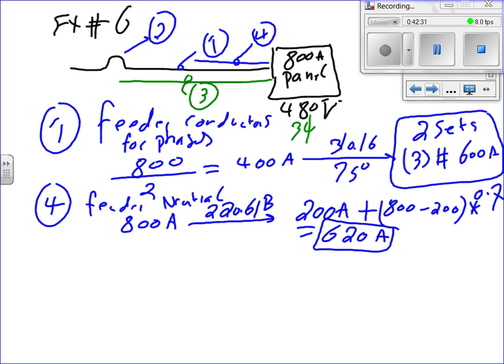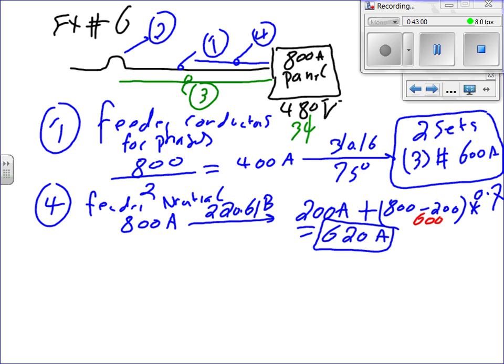Why did I do that, Spencer? 220.61: leave the first 200 alone. Take the remaining 600 and multiply by 0.7, which gives 420. So the remaining becomes 600. Everybody knows when you subtract from 600, multiply by 0.7. Everybody knows why 620?